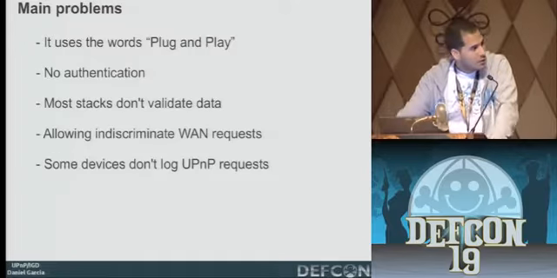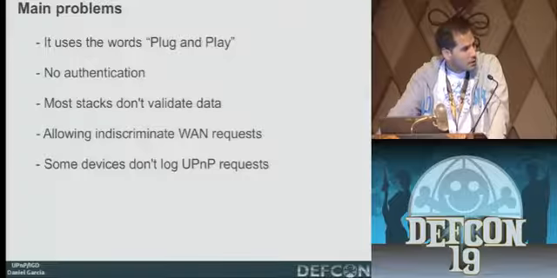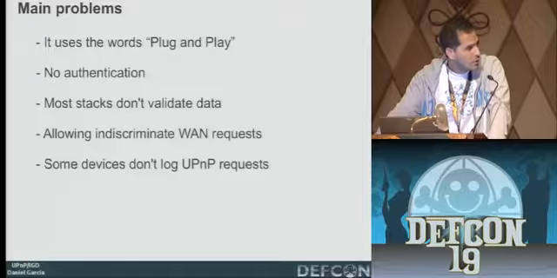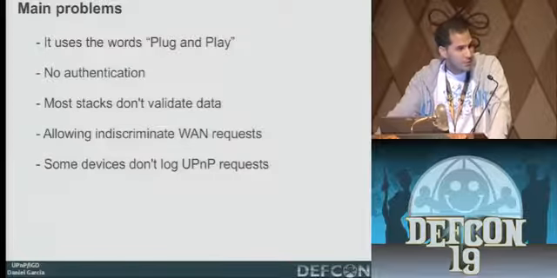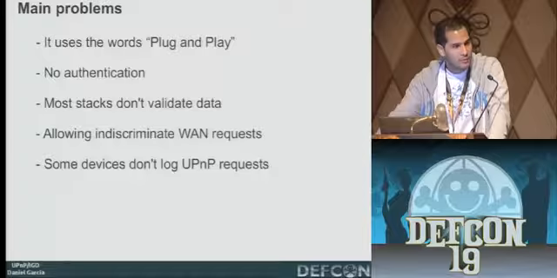The other problem is, as I was saying, UPnP was designed for LAN use, and a lot of devices allow indiscriminate WAN requests. I mean, requests of UPnP actions coming from the WAN, which doesn't make any sense. In fact, the IGD version 1 protocol says specifically that it's not recommended to do that.